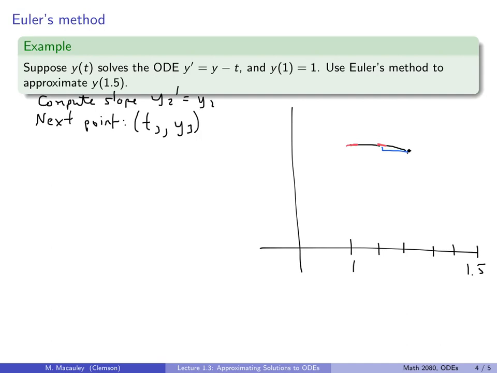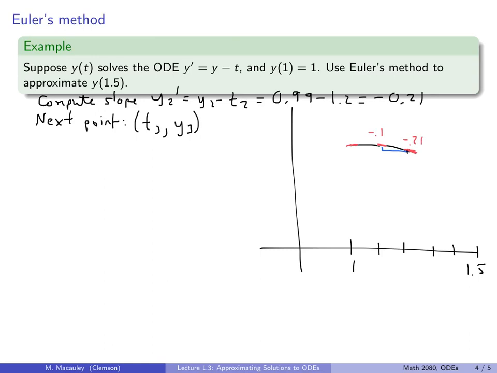It is y2 minus t2, and y2 was 0.99, and t2 was 1.2. So this is negative 0.21. So that means that our little hash mark here is going to have a slope of negative 0.21.